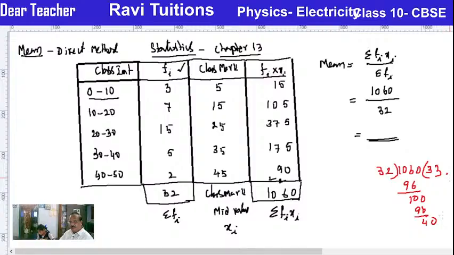Point and 0. 1. 72. So 66. So answer is 33.12. So don't become lazy in doing this division. Do the division properly and write the answer. 33.12 is the answer, mean.